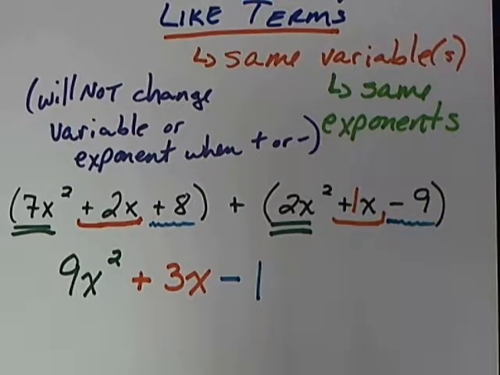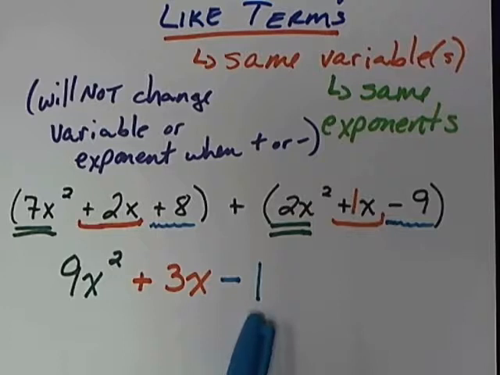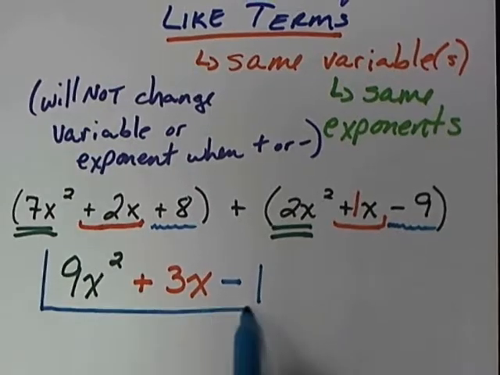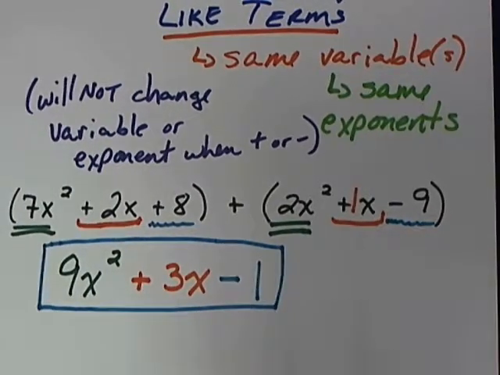You can write it as subtraction, or you could add a negative 1. But you need to separate that term from the previous term by either adding or subtracting. I cannot go any further, as x squared is not the same thing as an x, which is not the same thing as a constant. So this is my answer, and that's okay. When I have a polynomial and I add another polynomial to it, my answer is going to be a polynomial, or several terms together, and that's okay.